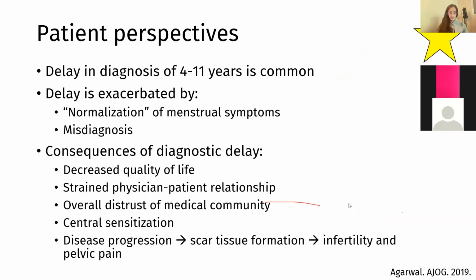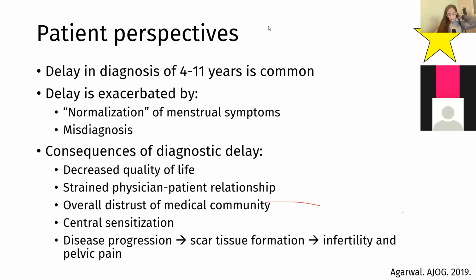And so I think it's very important to think about the patient perspectives. And this is a slide that I really like to bring home for the students and trainees that I teach. It is very common for patients to go years without having a diagnosis. So delays of around 4 to 11 years are quite common. And this delay is exacerbated by the fact that a lot of these symptoms are very normalized in society. Even well-meaning relatives can normalize these symptoms.